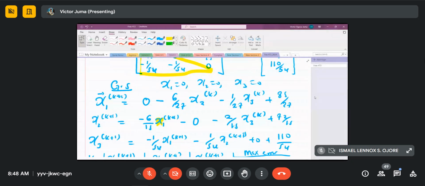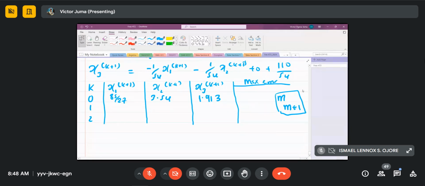Can you give me those values? Have you gotten those values?